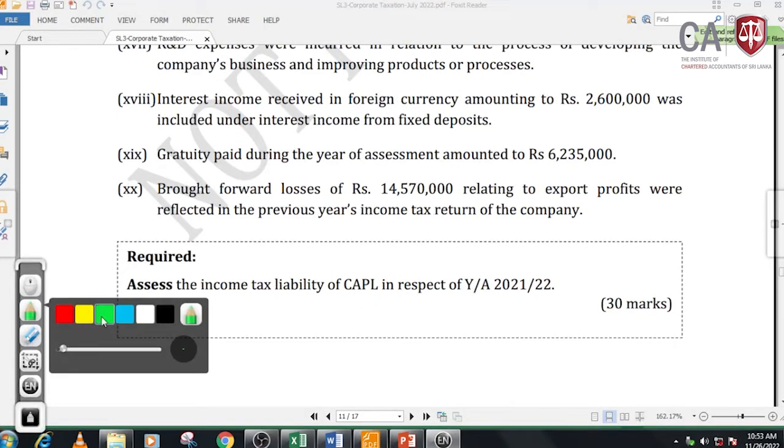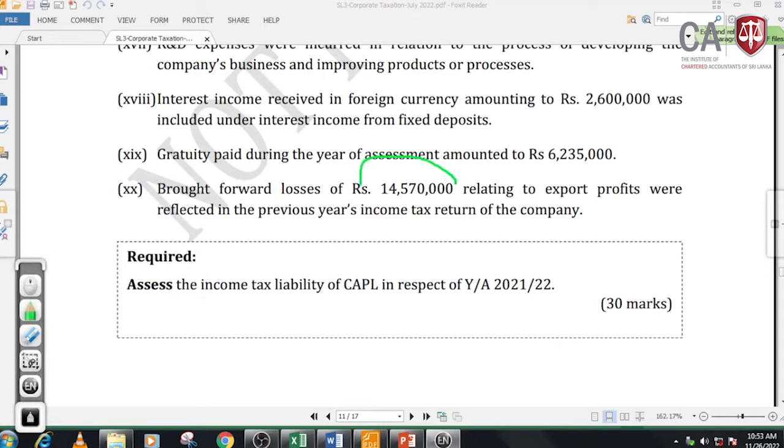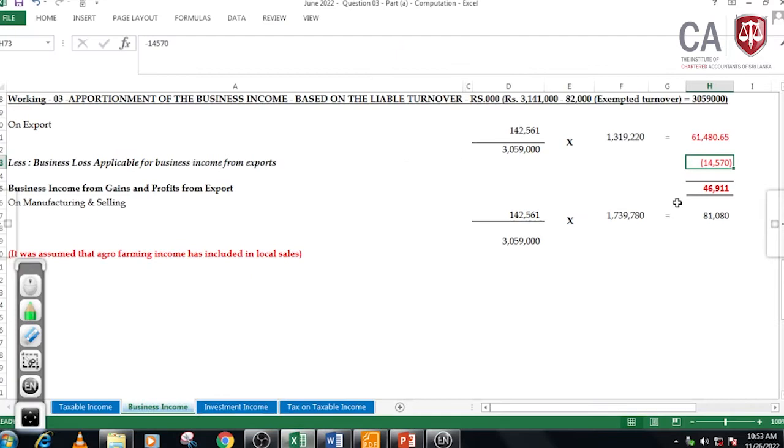Here we go, there is a business loss of 14,570. This business loss you have to remove, it's a deduction from the business income. Then therefore I have taken that, and what's the export? That assessable income from business from the export is 46,911.